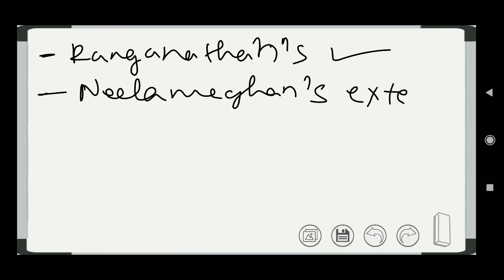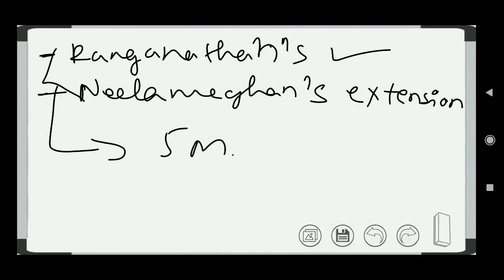This is also about mode of formation of knowledge. These two are very important for 5 marks each. It may ask for 5 marks any one. So be prepared for this also.